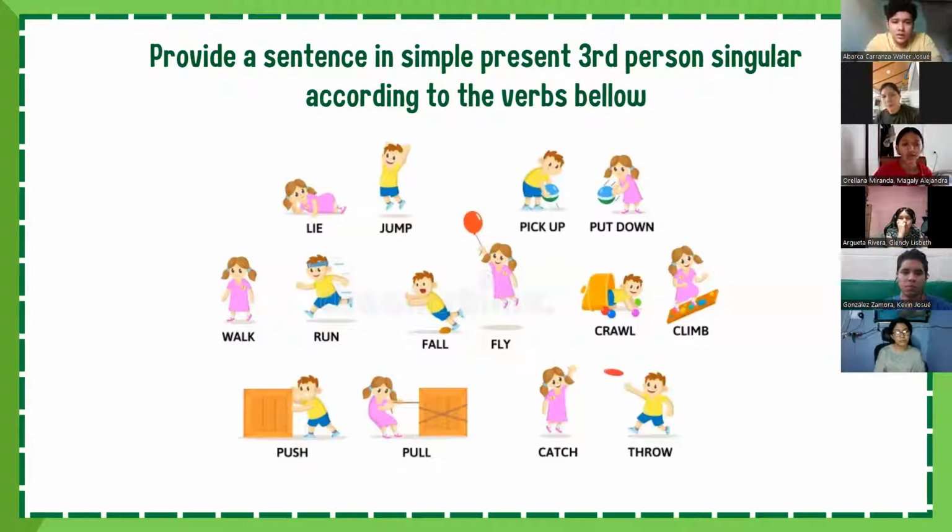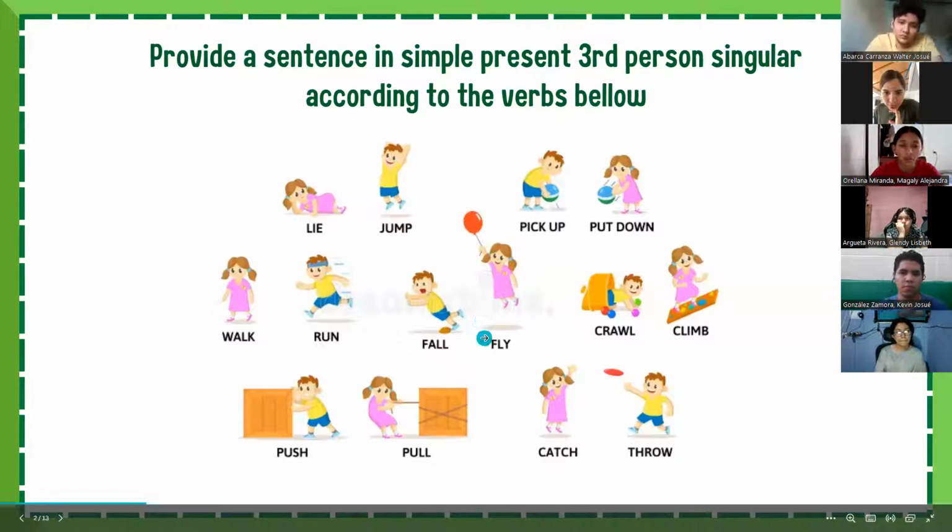Okay. She lies to her brother. All right, very good. Aide, one sentence. Aide, hello. Hello. One sentence, please. Third person with one of these verbs.